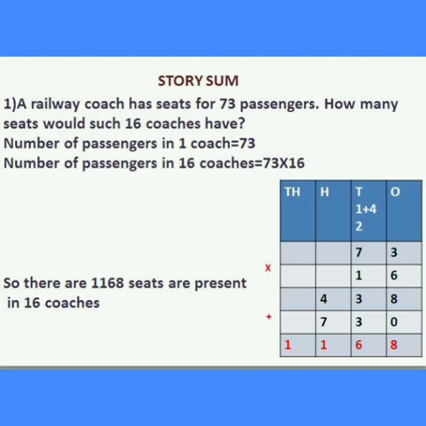So in one coach there are 73 seats, and in 16 coaches there are 1168 seats. Here they are giving the value for one coach, and we have calculated for 16 coaches. That is, definitely this is multiplication. Okay children?